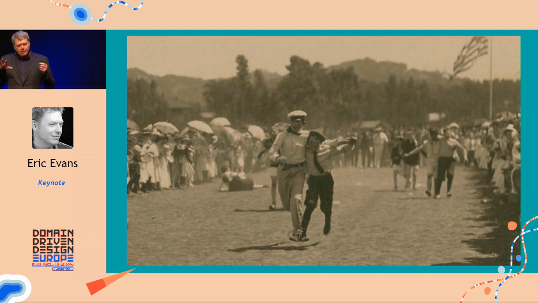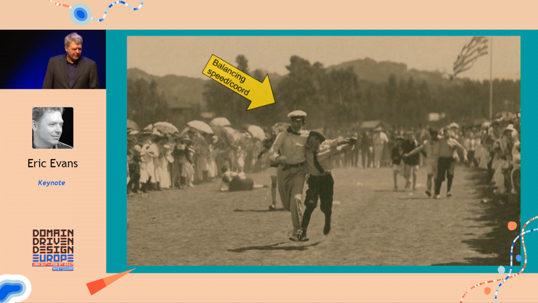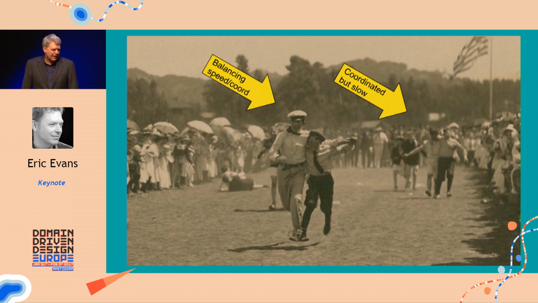Now, this is a metaphor that I like to apply, because I think this is a familiar game here as well. All right, so who wins a three-legged race? Well, these kids are winning the three-legged race. They have a good balance between coordinating with each other and also running reasonably fast. And these guys, well, they've got good coordination, but they're just slow runners.